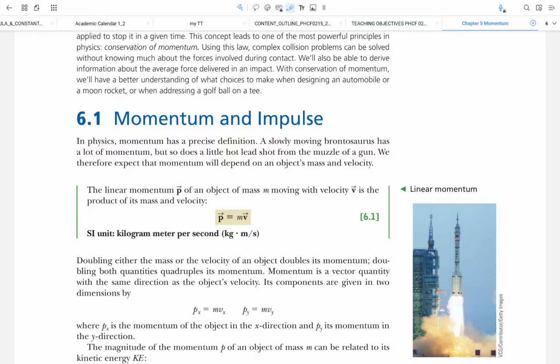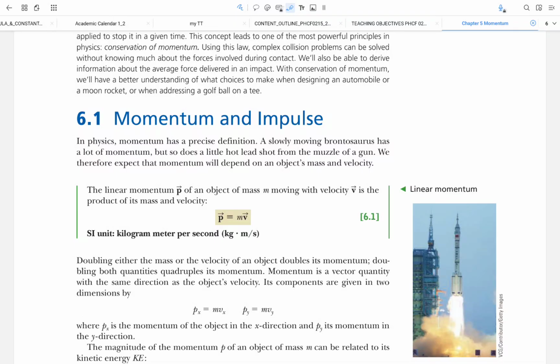Therefore, you will find that the unit is consistent with the product of mass, kilogram, and the product of v, meter per second. So it becomes kilogram meter per second. In general terms, when we say an object has big momentum as compared to another, I give you a situation: how hard can an object be stopped when it's moving?